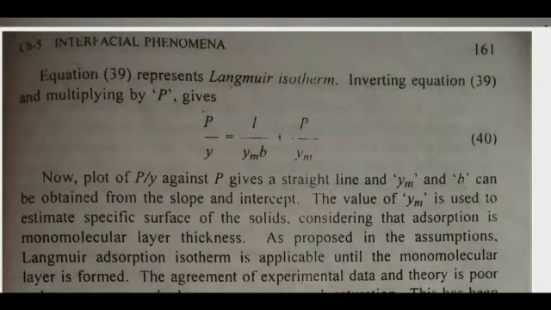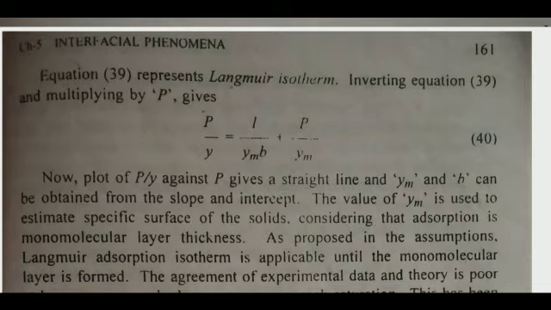Then plot a graph in between. p by y is taken on the y-axis and partial pressure is taken on the x-axis. You obtain a straight line.